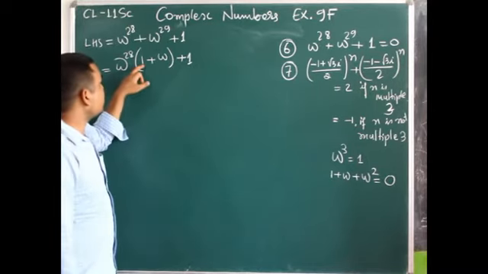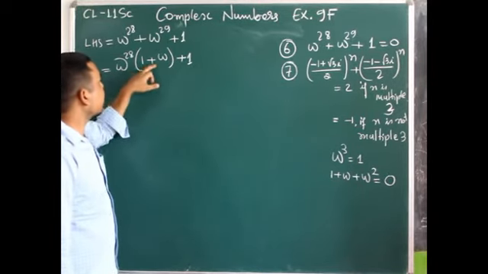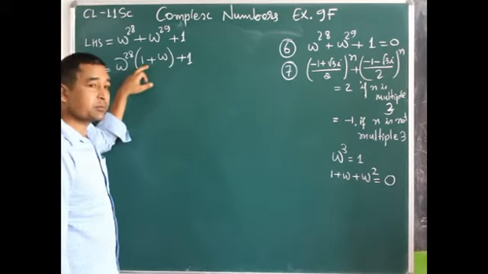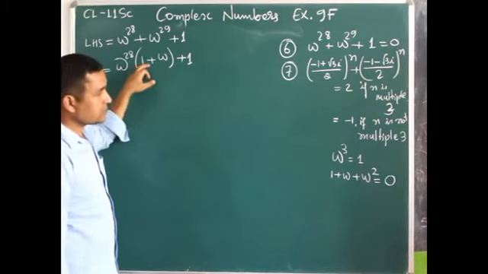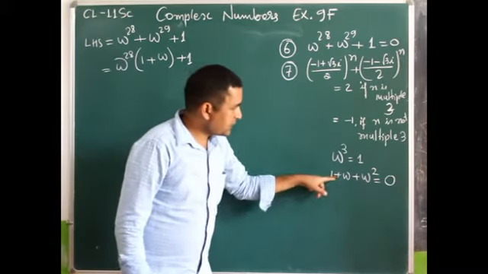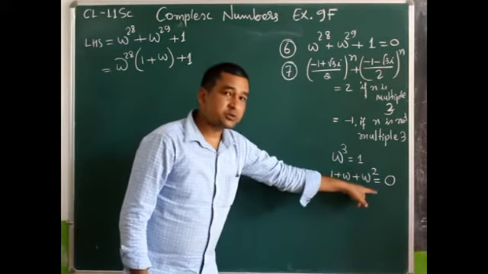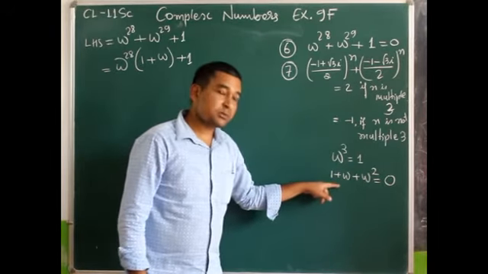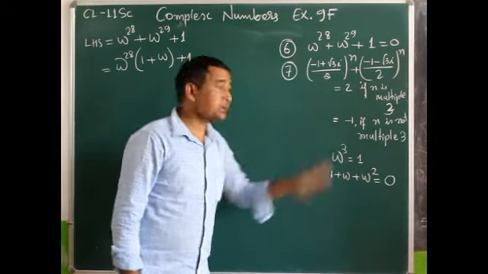What is the value of 1 plus omega? The value of 1 plus omega is minus omega square.